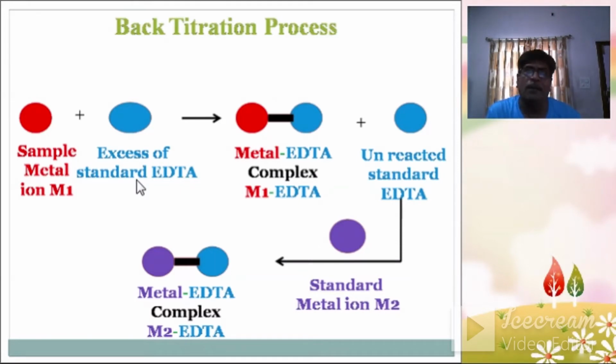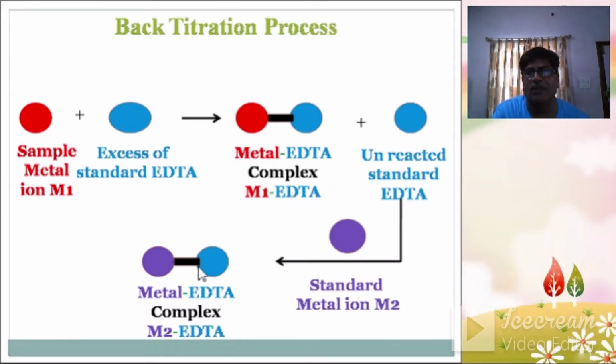This is the illustration picture. Sample plus excess EDTA, metal-EDTA complex is formed, and unreacted or unused EDTA is left in solution. This unreacted EDTA is further titrated with standard metal ion solution, for example calcium or magnesium, and the final metal-EDTA complex M2-EDTA is formed.